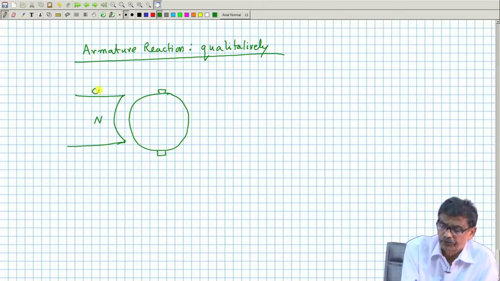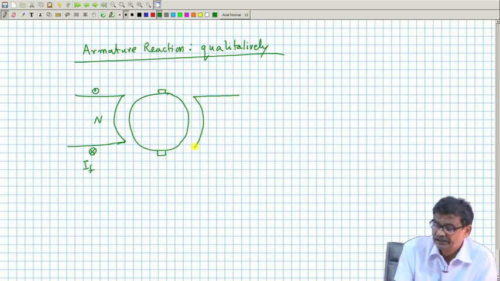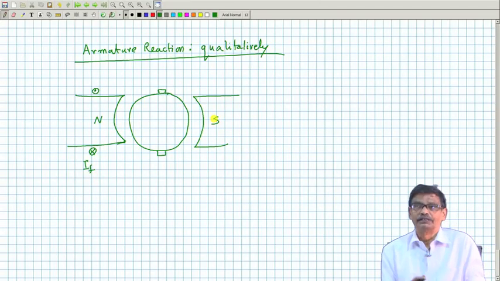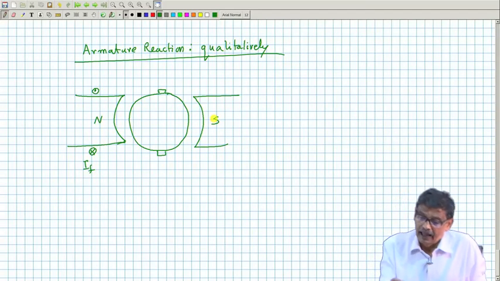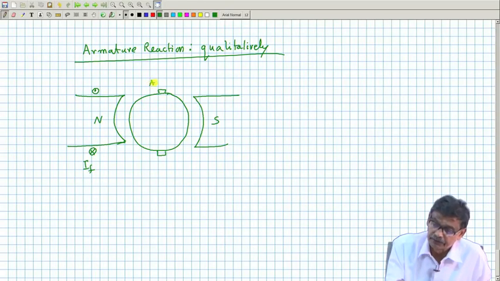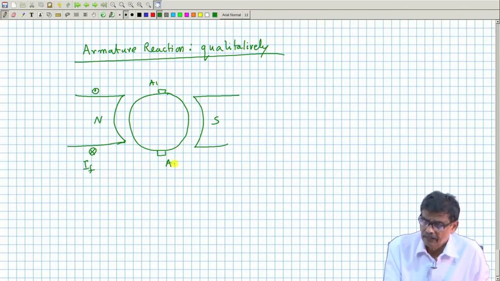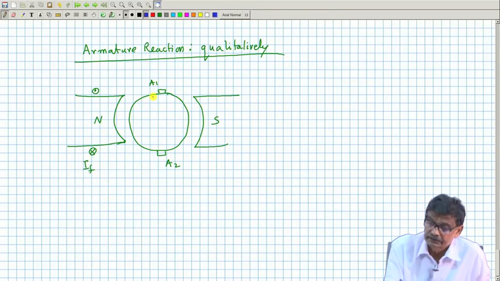Field coils I am not showing. Field current must be in this direction, IF, so that lines of force will come out, and here is the south pole. This is qualitative, intuitive, and these are the armature terminals we know, and these are the armature conductors which are staying here.